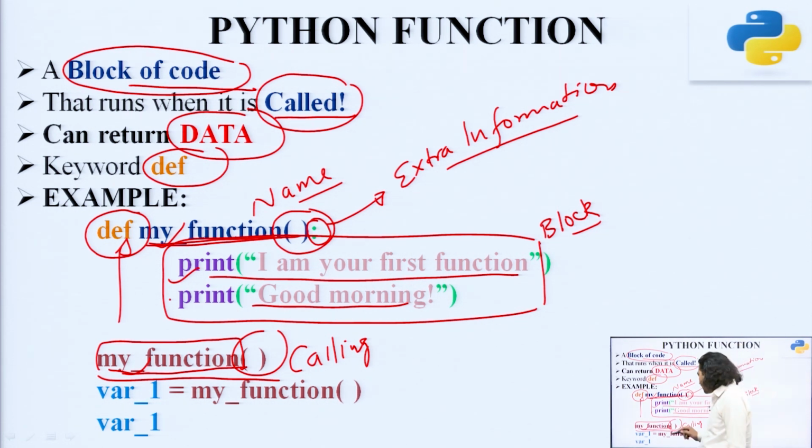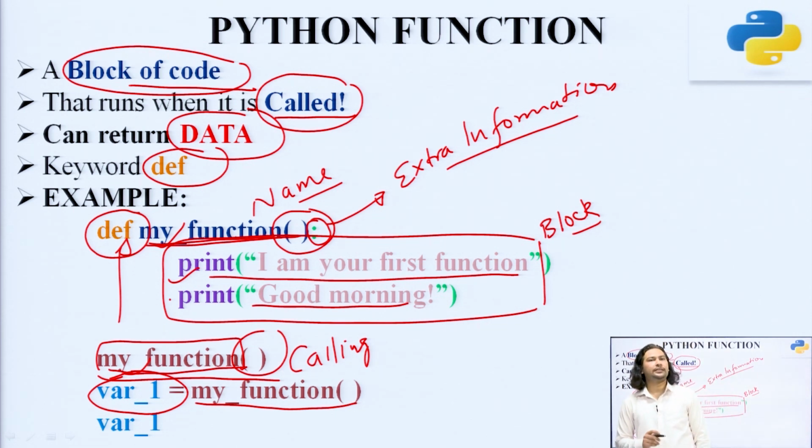Now, followed by this, you can see var underscore 1. Here we are defining a variable, and in the variable we are storing some information related to my function. Since there is no statement in the function which can return some values, the answer for this statement is the None keyword.